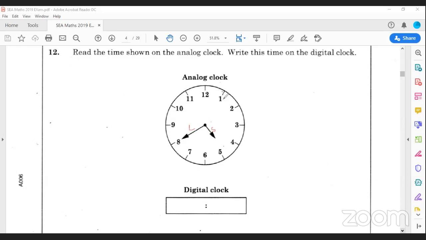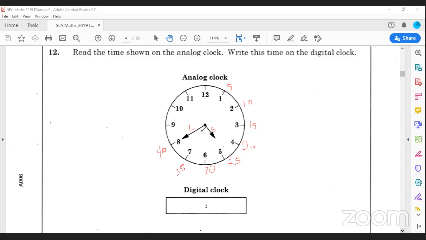The long hand, we're going to check from here. With time, you count in 5s: 5, 10, 15, 20, 25, 30, 35. I'm labeling this to help those who are not sure. So let's start over.